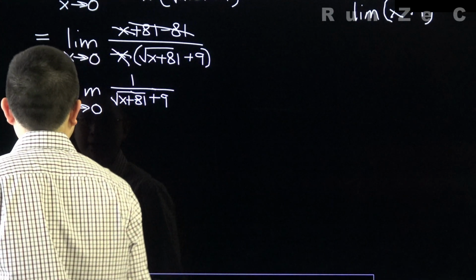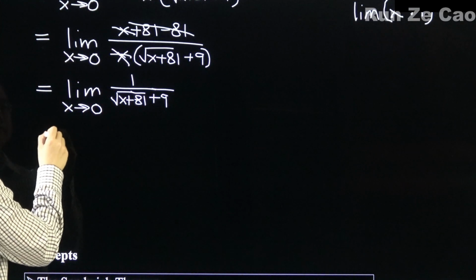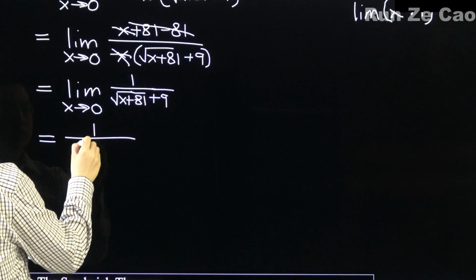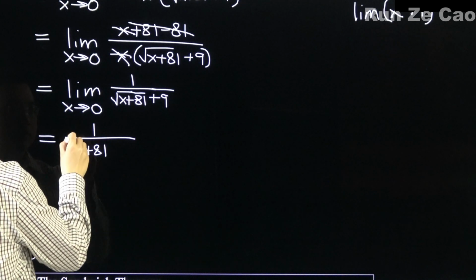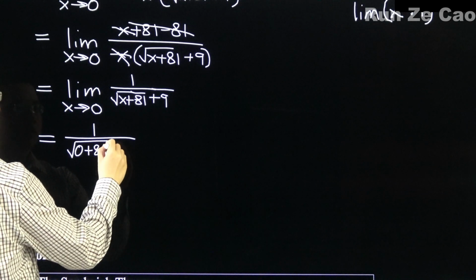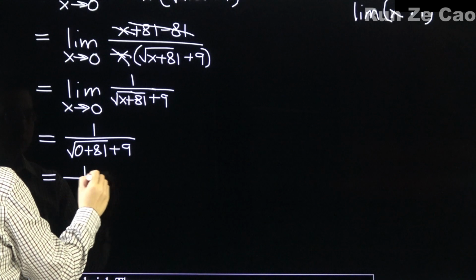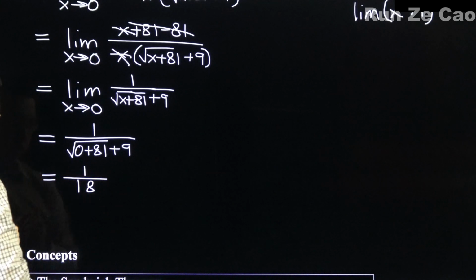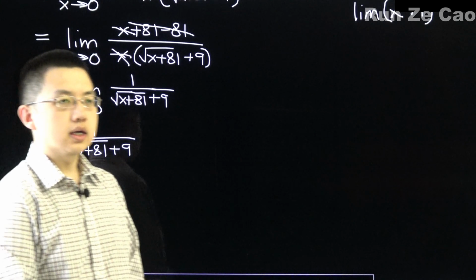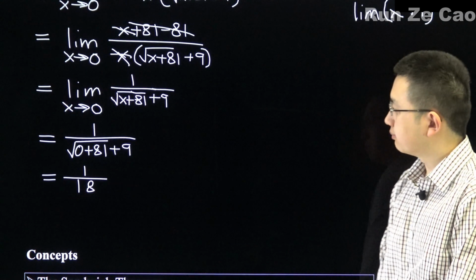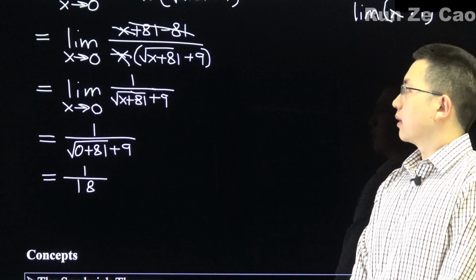Here, what happens when x approaches 0? Root of 0 plus 81, plus 9. And this leads us to 1 over 18. We don't use the negative square root interpretation here. Alright.